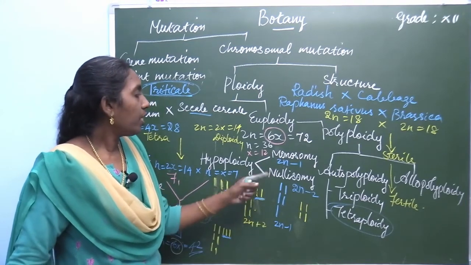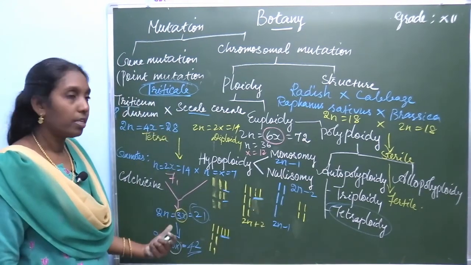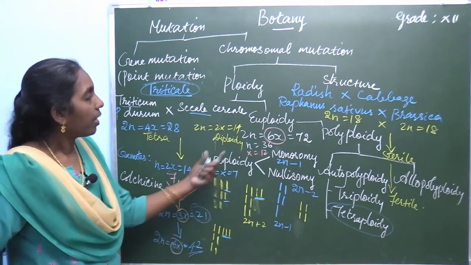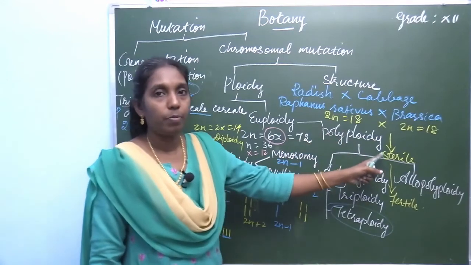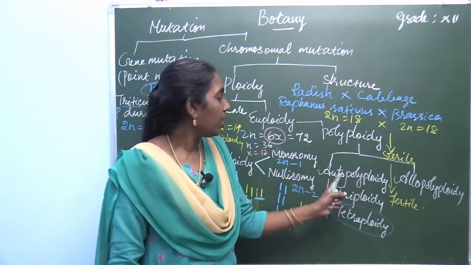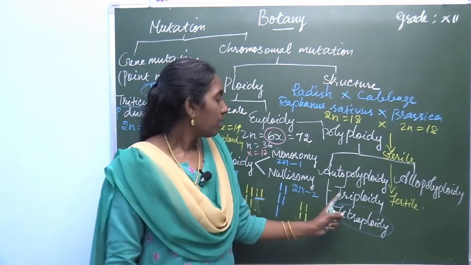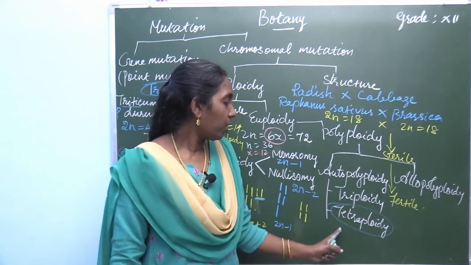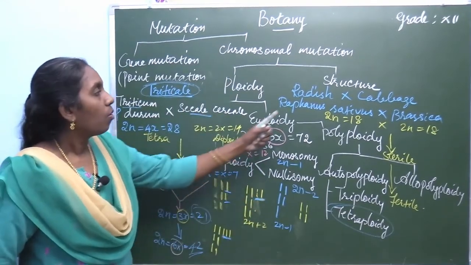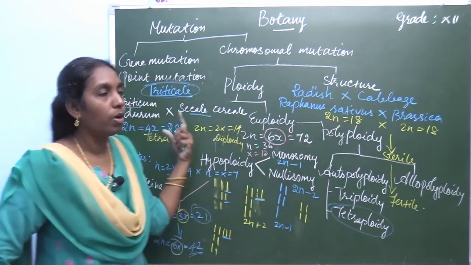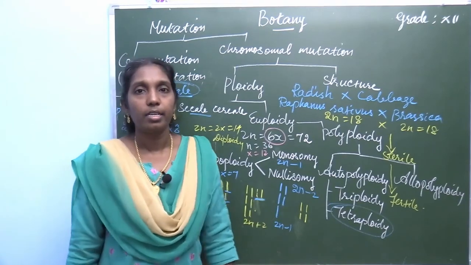Hypoploidy is again classified into monosomy and nullisomy. Euploidy comes under polyploidy, monoploidy, diploidy, and polyploidy is classified into autopolyploidy and allopolyploidy. Autopolyploidy is classified into triploidy and tetraploidy, and for allopolyploidy you learned 2 different examples, one from radish and cabbage, another one triticale. So learn all this and draw this in the class note.